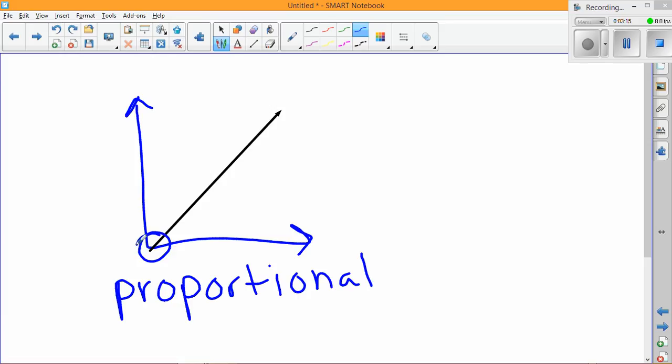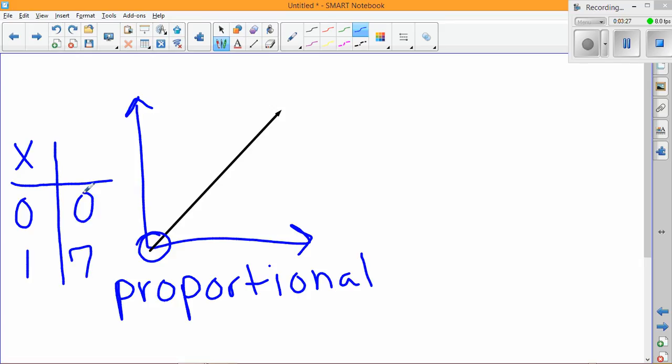And the reason for that is if we have an input x and it's 0, no matter what the constant is, in this case it looks to be 7, you're still going to get 0 for the y, because anything times 0 is 0. If my constant was 13, then I would multiply 0 times 13 and it would be 0. No matter what number you multiply by 0, it should be 0.